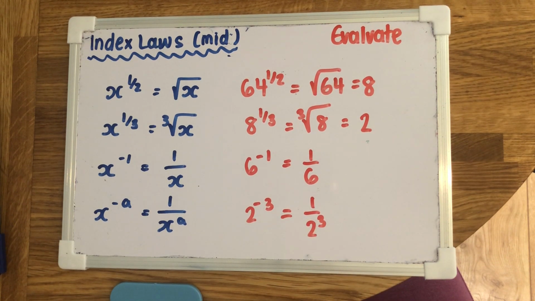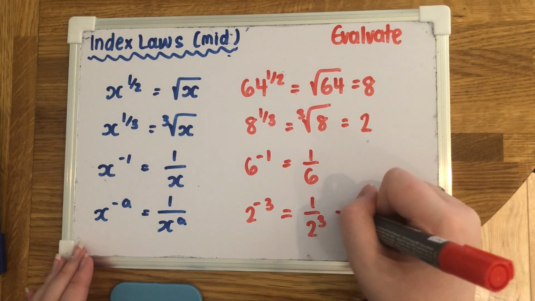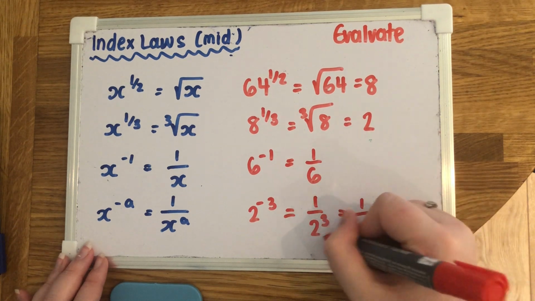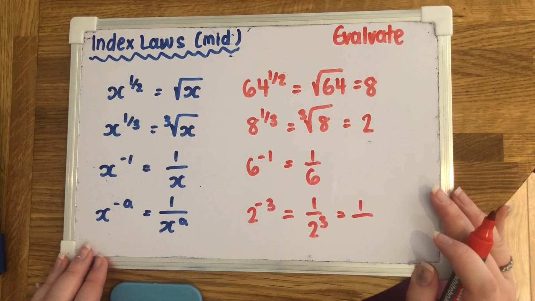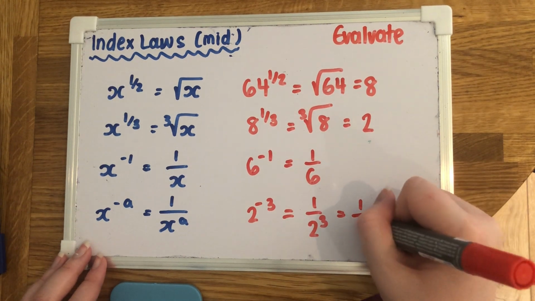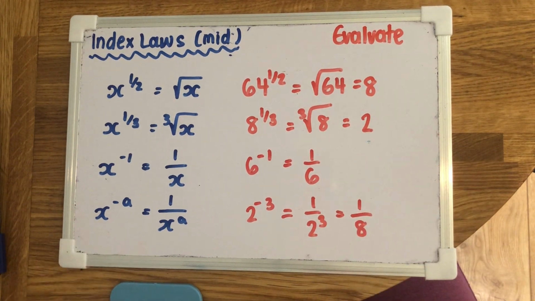It will just be a positive 3, because the negative part is the reciprocal bit. Then once you've done that, you've then got to work out what 2 cubed is. So 2 times 2 is 4, 4 times 2 is 8. We will do a couple more on the other side, but they're generally the basics of it.